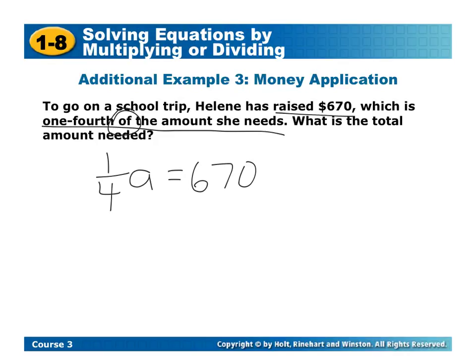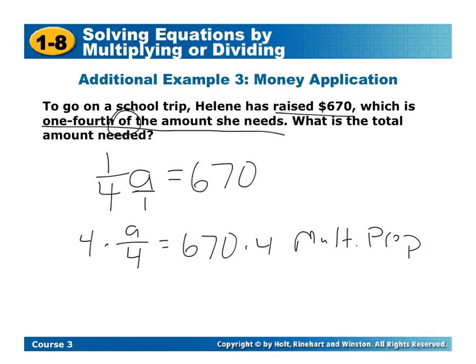Now another way we can think about this is A is really A over 1, because remember, any number written as a fraction is that number over 1. 1 times A is A. 4 times 1 is 4. So this is the same thing as A over 4 equals 670. Now the reason that's useful is because it's A over 4, A divided by 4, I can use that multiplication property to figure out my answer.